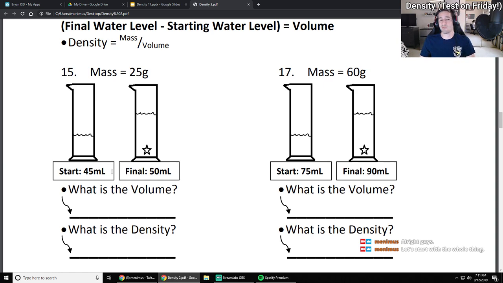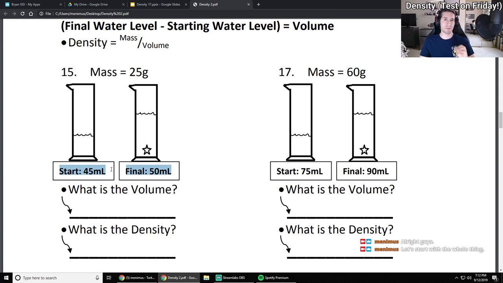After we dropped the object, the water was displaced all the way up to 50 milliliters. Now, you see there's a difference. The displaced amount is only the difference between these two levels, 45 and 50, which is only 5. Therefore, my volume for this specific case, in this specific area right here, is only 5 milliliters. This is a solid, so it's 5 cubic centimeters. That will be my volume.